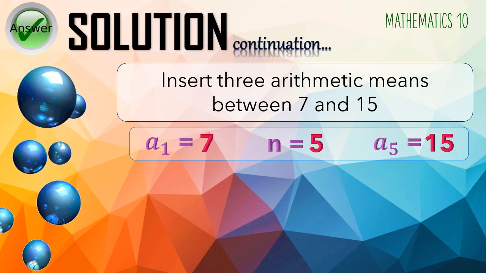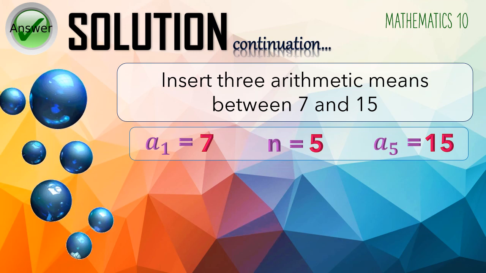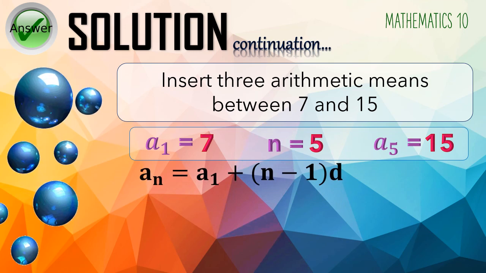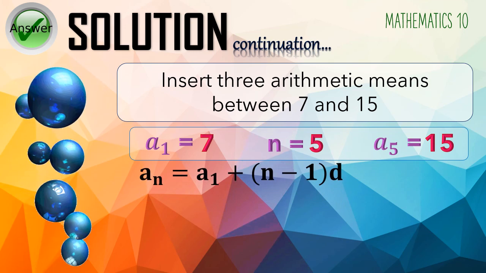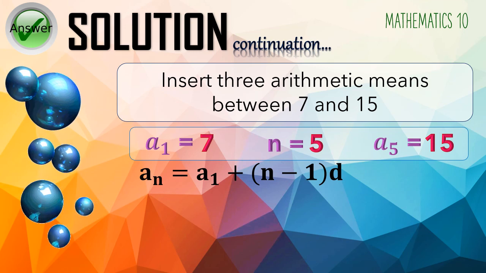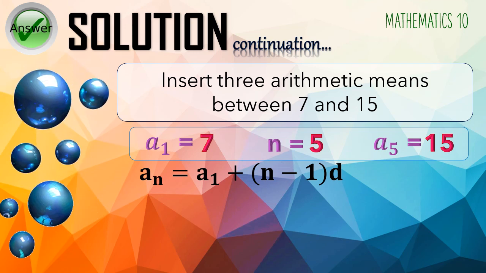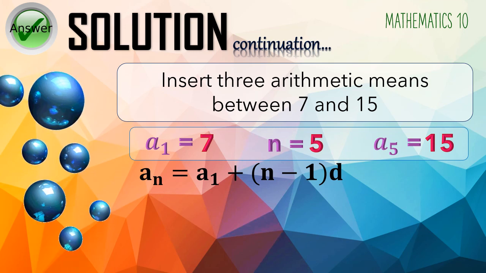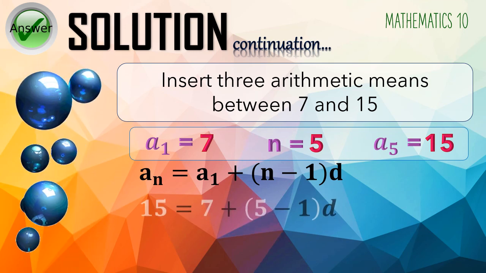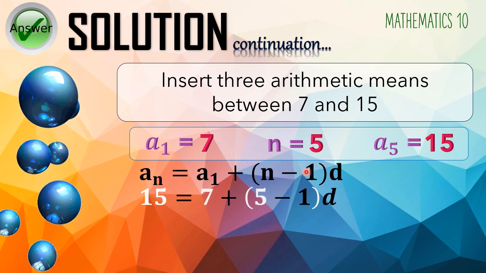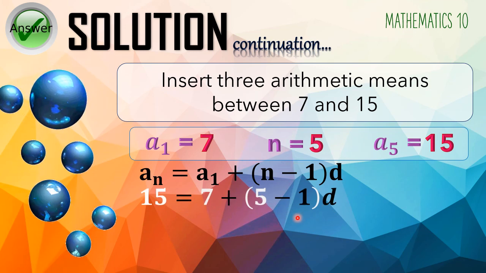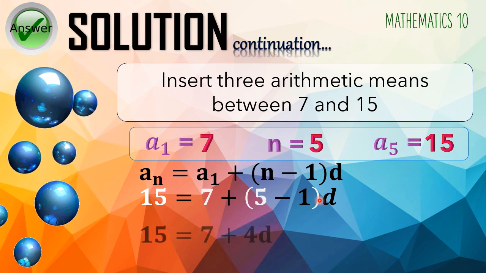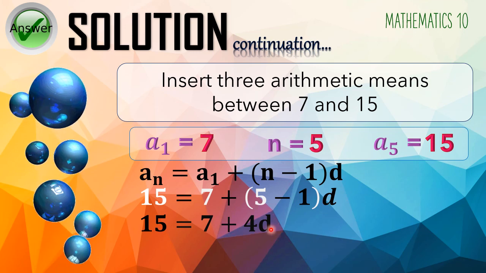Since we were able to sort the data already, we can now use the general term formula for an arithmetic sequence. We are going to find the common difference of this sequence. So we substitute all the data that we have. Performing the indicated operations, 5 minus 1 is 4, so 4d.